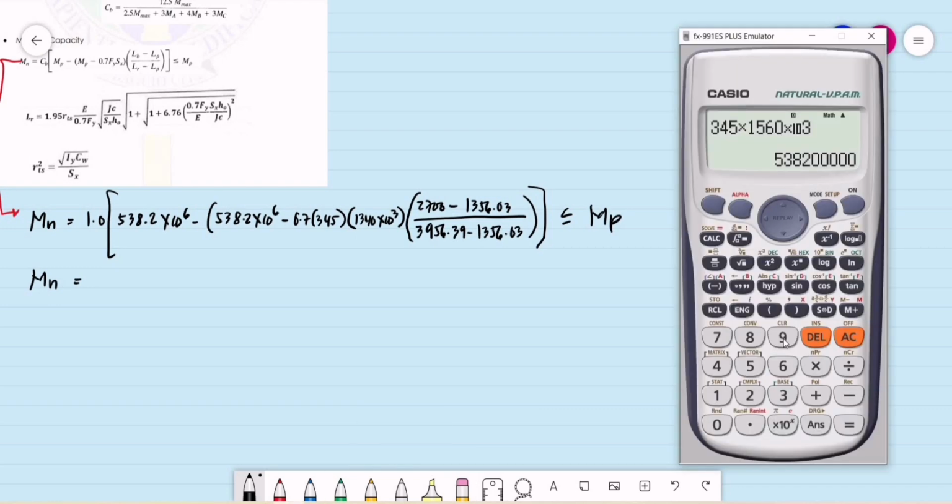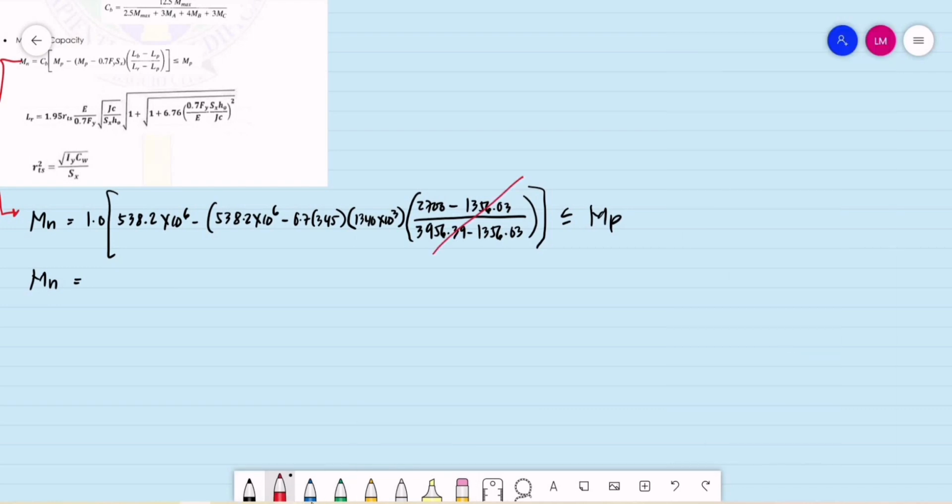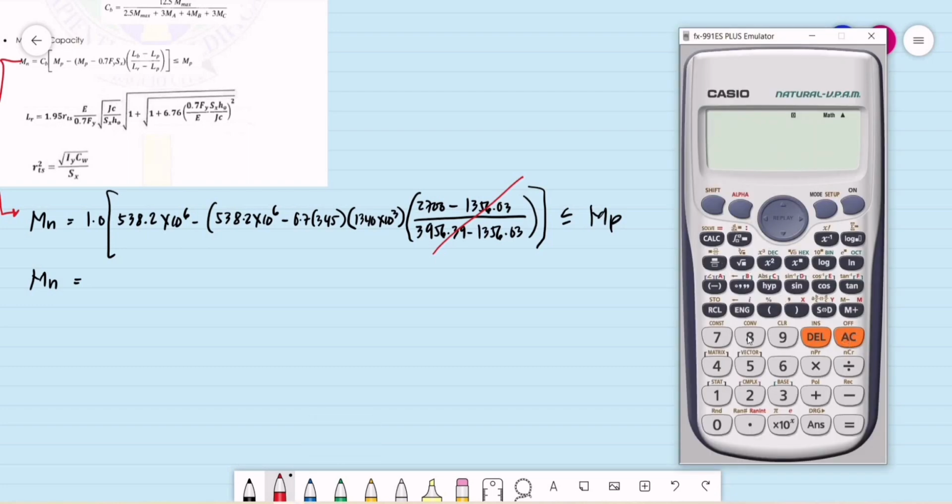So let's have first the equivalent of this term. That will be 2,700 minus 1,356.03 divided by 3,956.39 less 1,356.03. Then to be multiplied by 538.2 times 10 raised to 6 minus 0.7 of 345 times S sub x, 1,340 times 10 raised to 3.